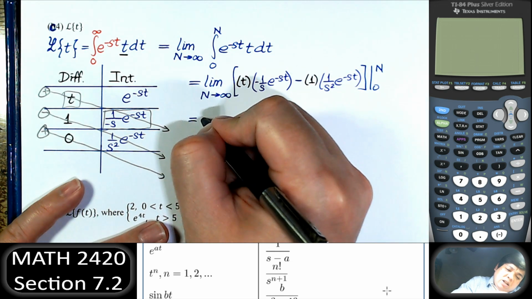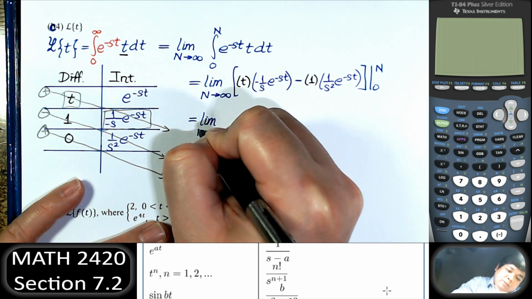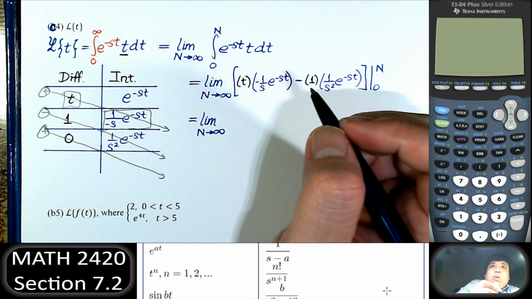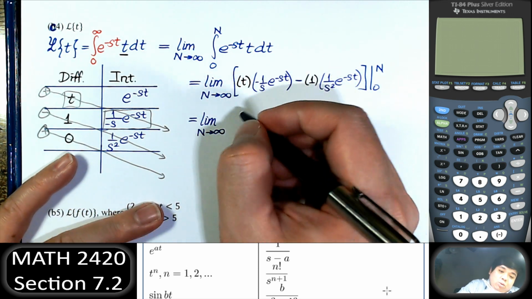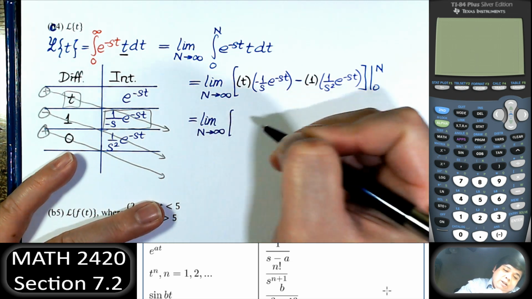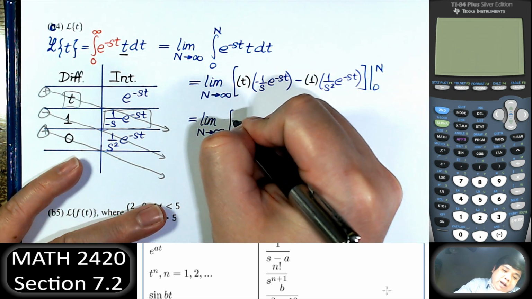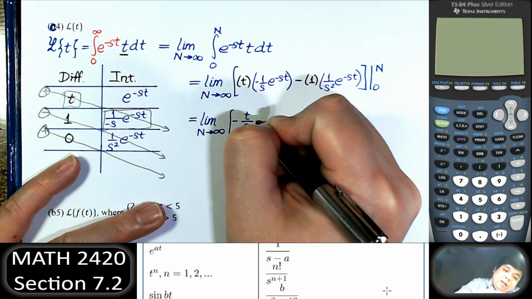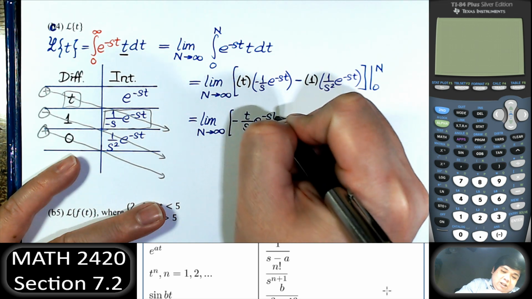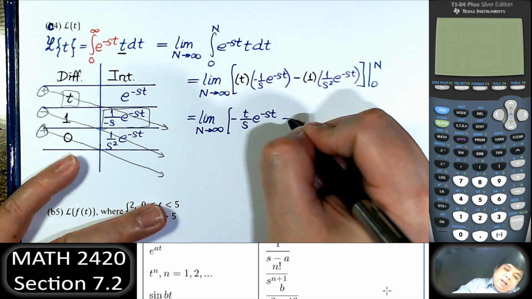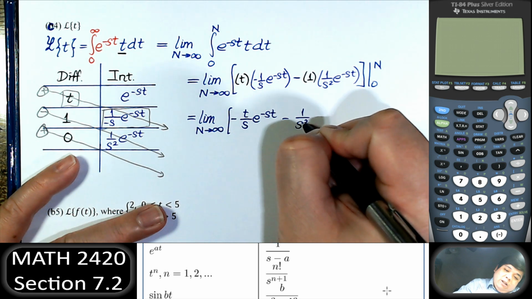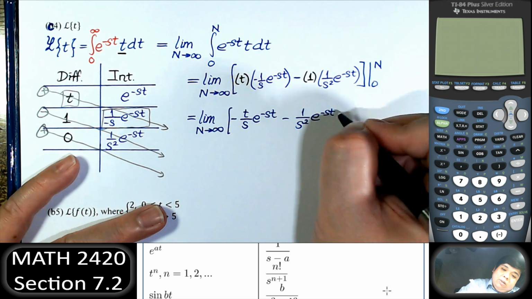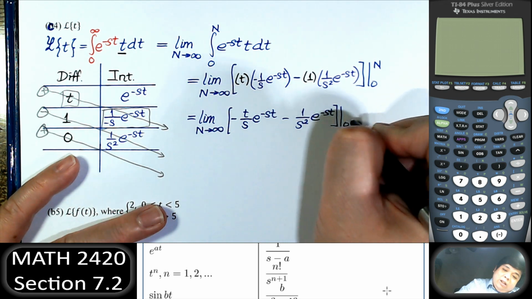Let's simplify this a little. Right. Now this will just have negative t over s e to negative st, negative 1 over s squared e to negative st, going from 0 to n.